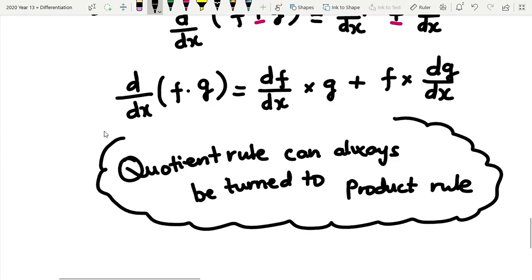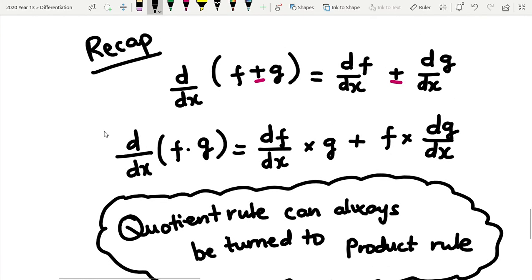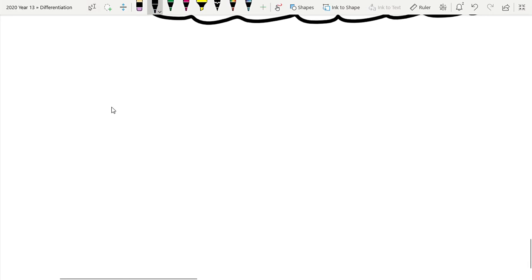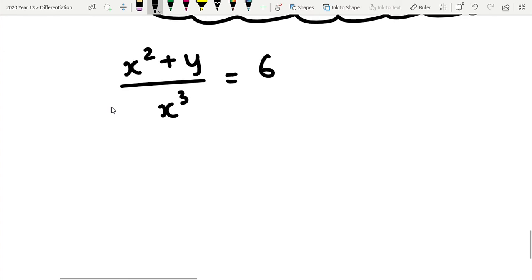Quotient is quotient and product is product. What's happening? Okay, so I'm going to give you a big picture right now. So let's say we have this problem here. It will be x squared plus y over x cubed equals 6 sine x.